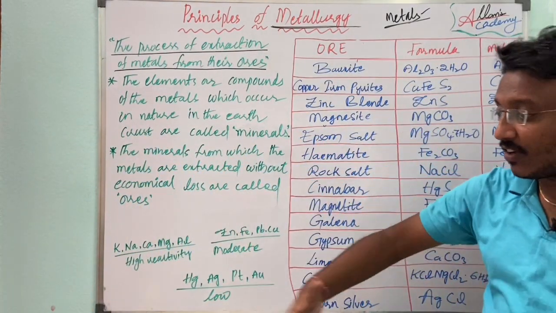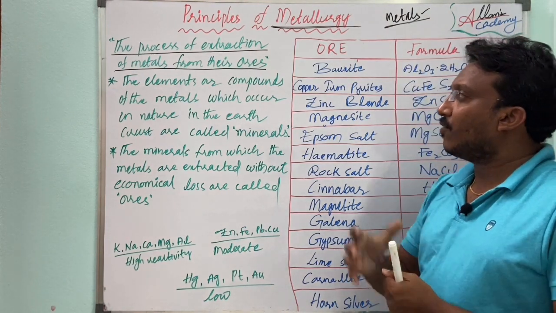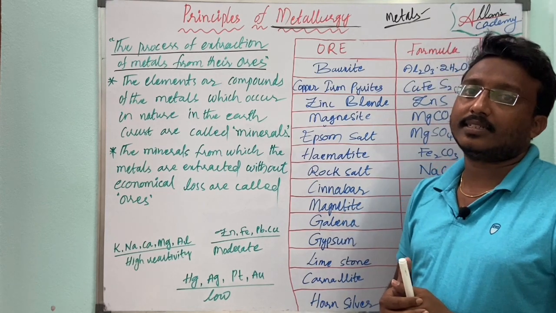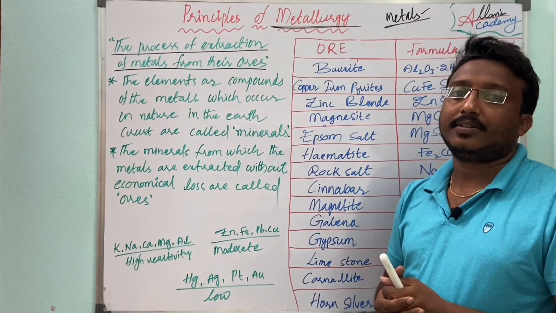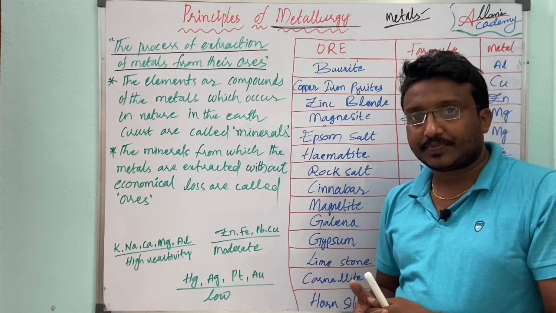Then the process of collecting. Here, do you know from where we get metals, sir? We get the metals from the earth crust, from nature. Okay, from nature we collect the metals.